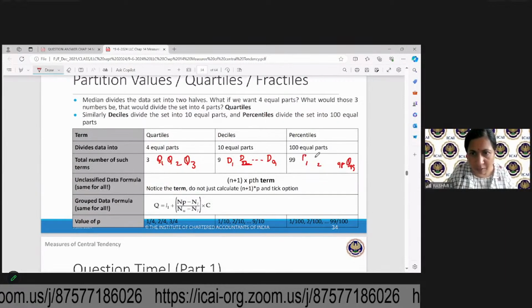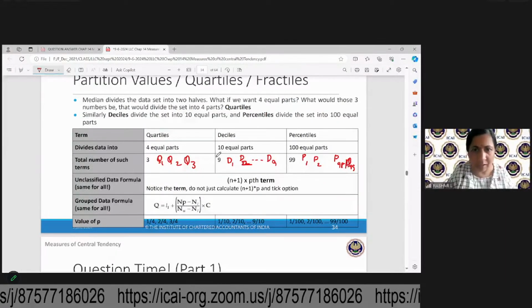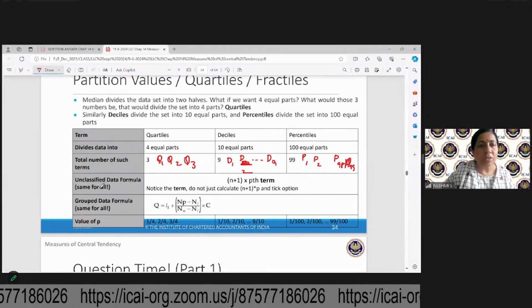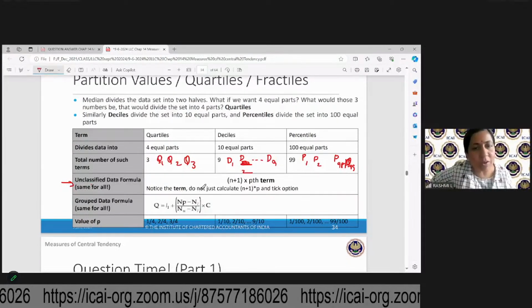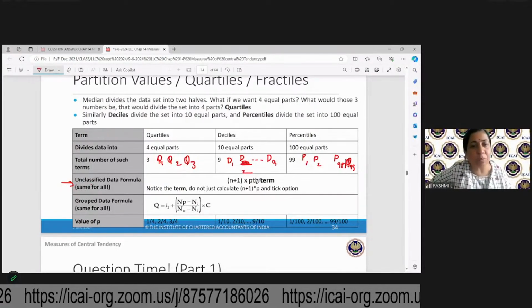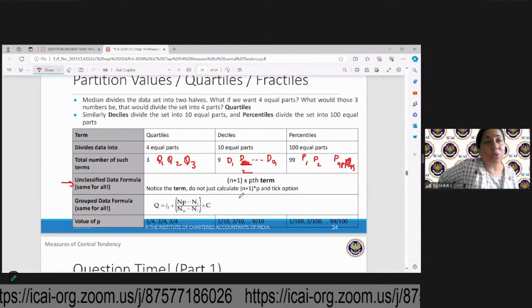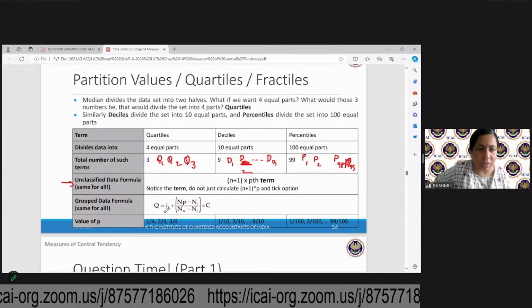This will be P1, P2 up to P98, P99. Okay, this is the 2. So this is very important. The ungrouped data formula is the same for all. What you have to do is n plus 1 into pth term. You have to notice the term. Do not calculate only the value. That value will come, and sometimes we tick just that value. That is not the case.